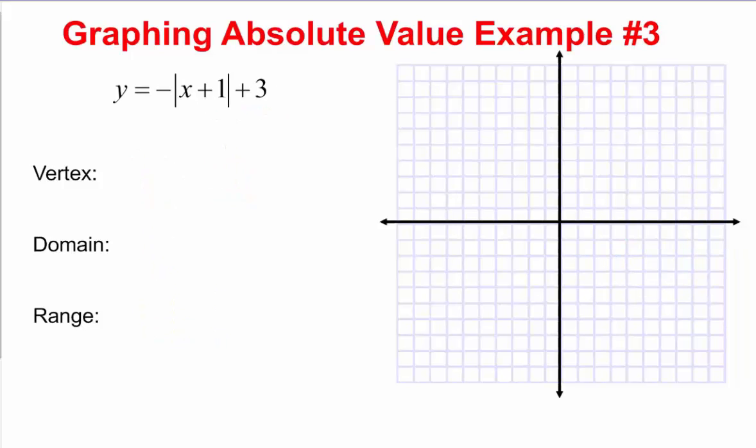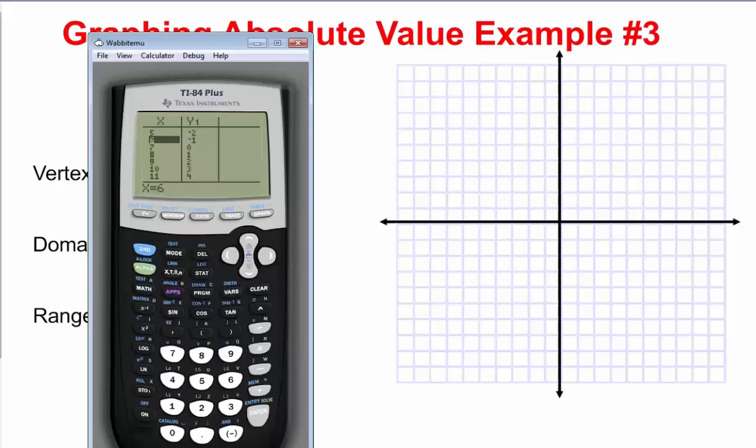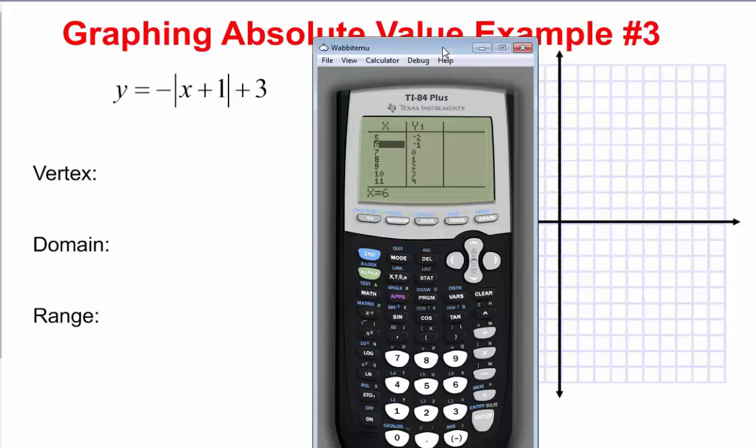Here is one more example. Pull out our graphing calculator again and enter in our equation. So y equals, we're going to go to math, arrow over to number, select the first option for absolute value. Oops, don't do that. Notice that there is a negative sign right here.